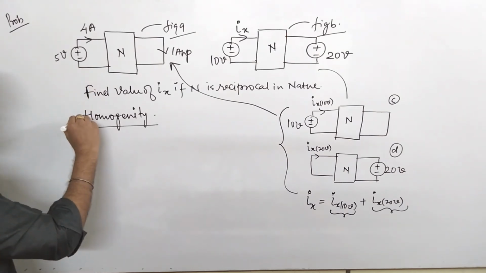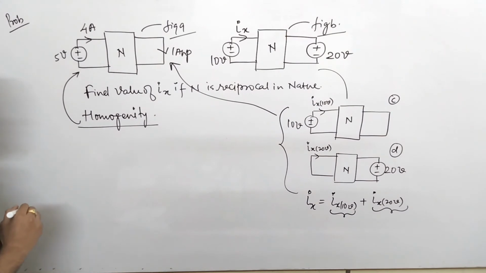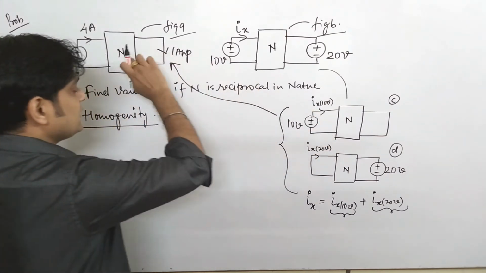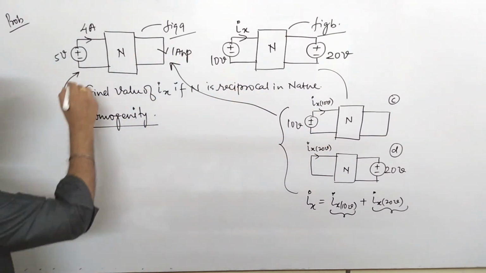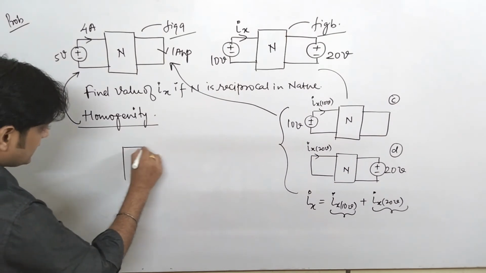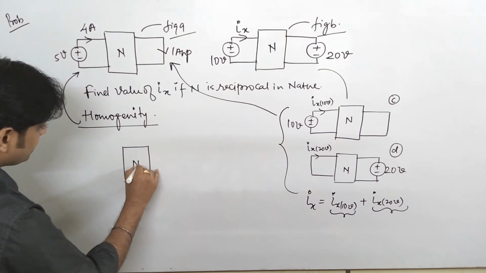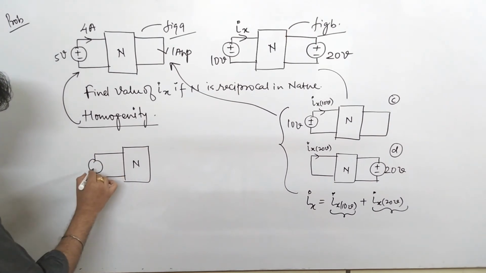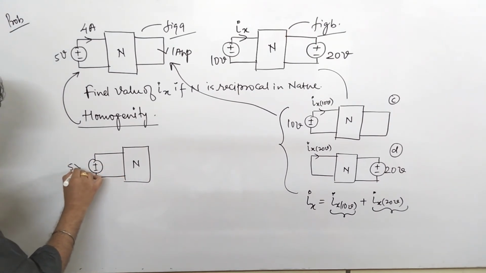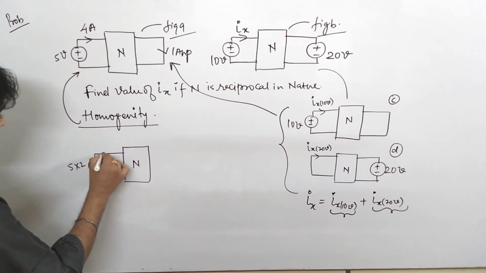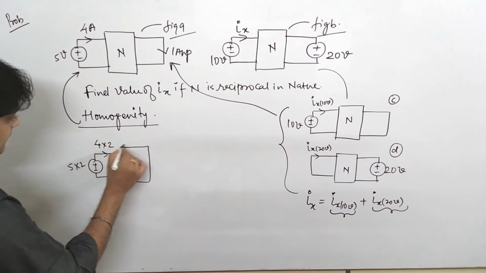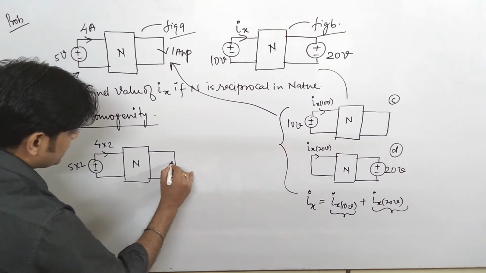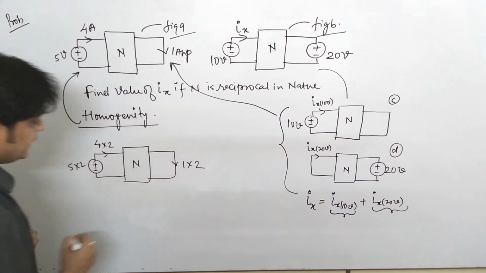Now if I apply this homogeneity in this network to make this network similar in nature, what I will do, I will multiply this factor by 2. So this 4 is also multiplied by 2 and this 1 will also get multiplied by 2.